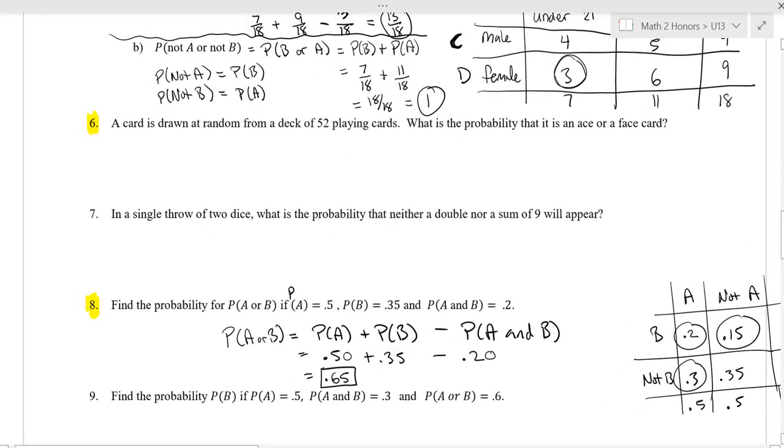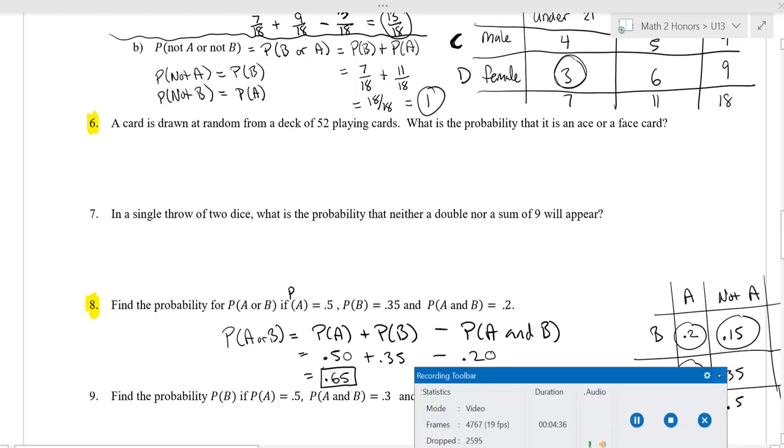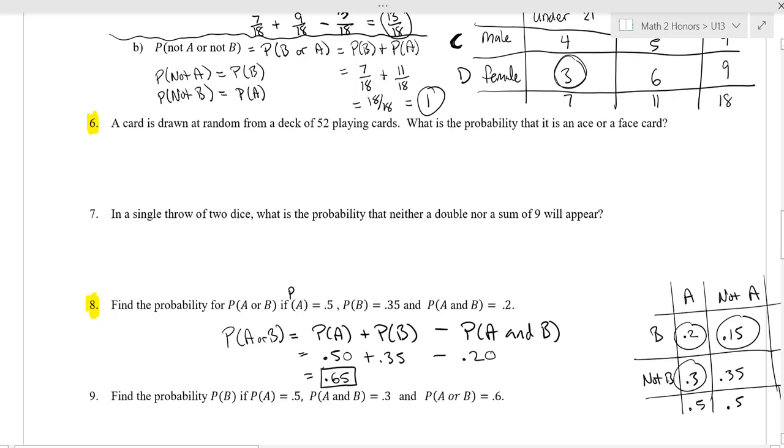7, let's do that one. In a single throw of 2 dice, what's the probability that neither a double nor a sum of 9 will appear? Alright, I'm going to create a table to help us out with this one.